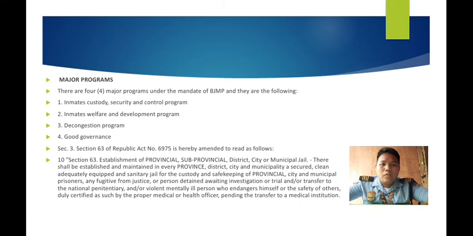So we have here Section 3: Section 63 of Republic Act number 6975 is hereby amended to read as follows. Establishing the provincial, sub-provincial, and district or municipal jail to conduct any kind of operation and investigation.